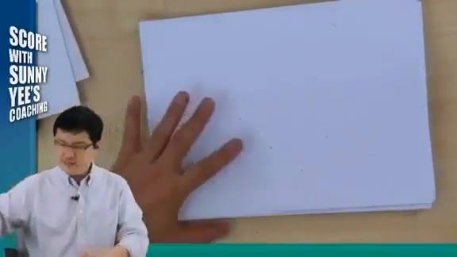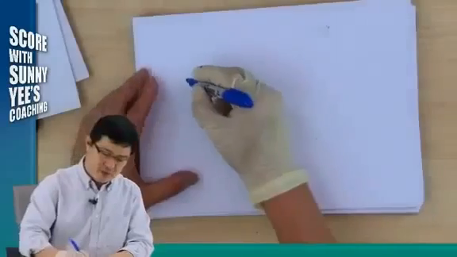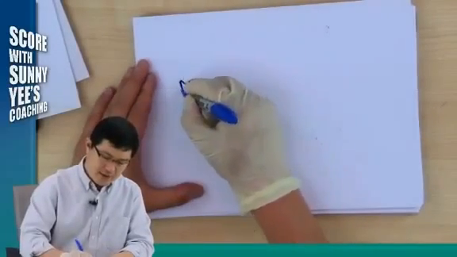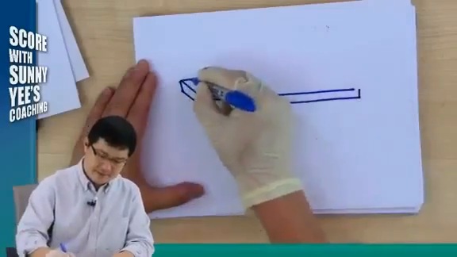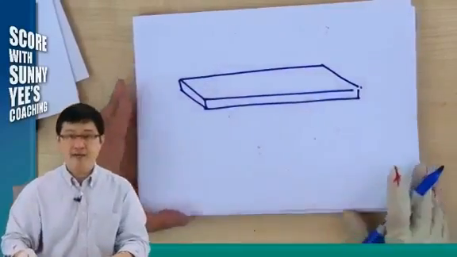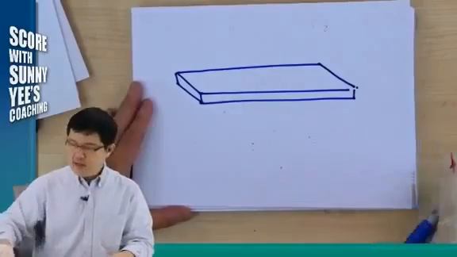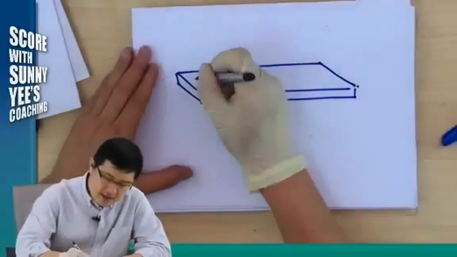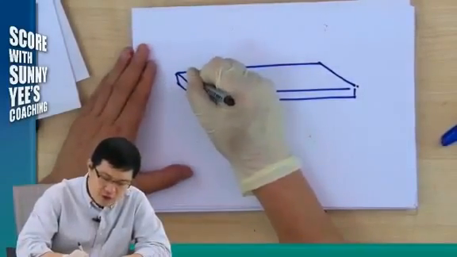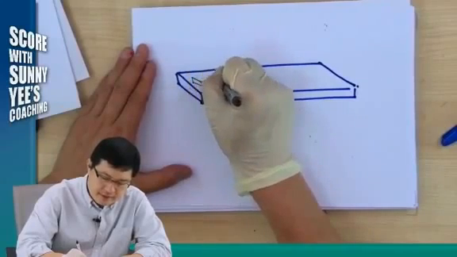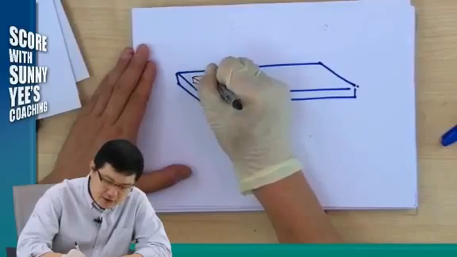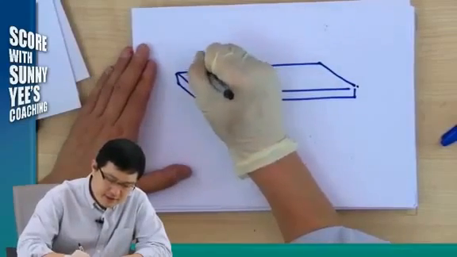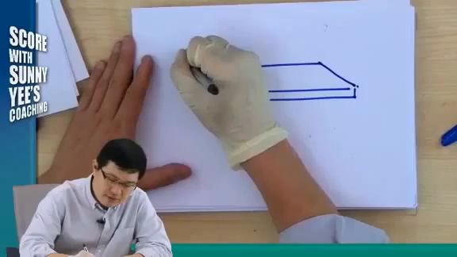So, how to prove this? I'm going to show you one simple experiment whereby I'm going to put it on a plank. This is a plank, okay? And then on top of the plank, I have a small trolley. And on this small trolley, there is an iron rod.